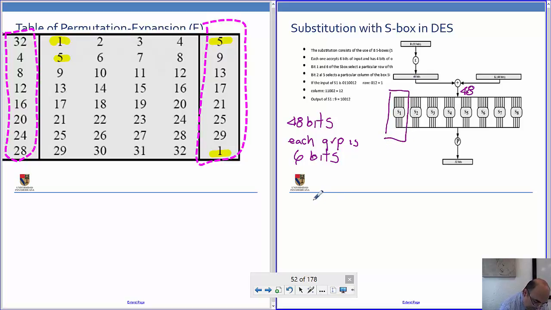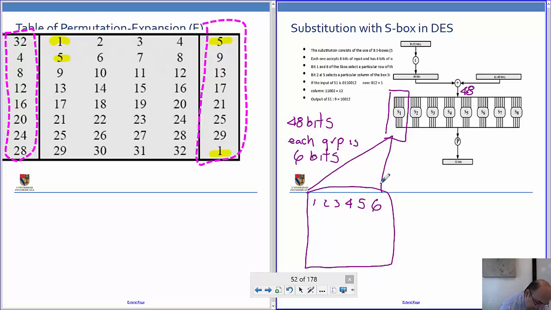Okay? So imagine this thing here. We are going to have bit number 1, 2, 3, 4, 5, 6. And what we are going to do is to have a substitution using a selection. What will be the selection?